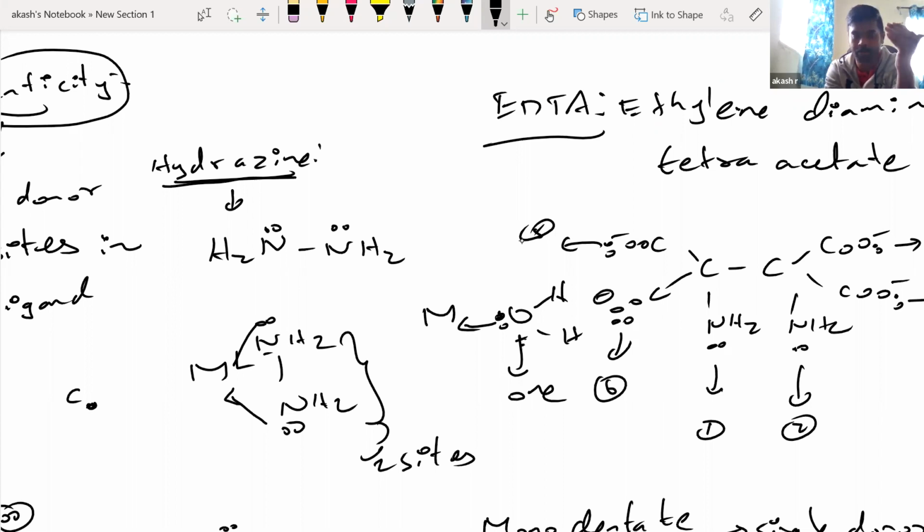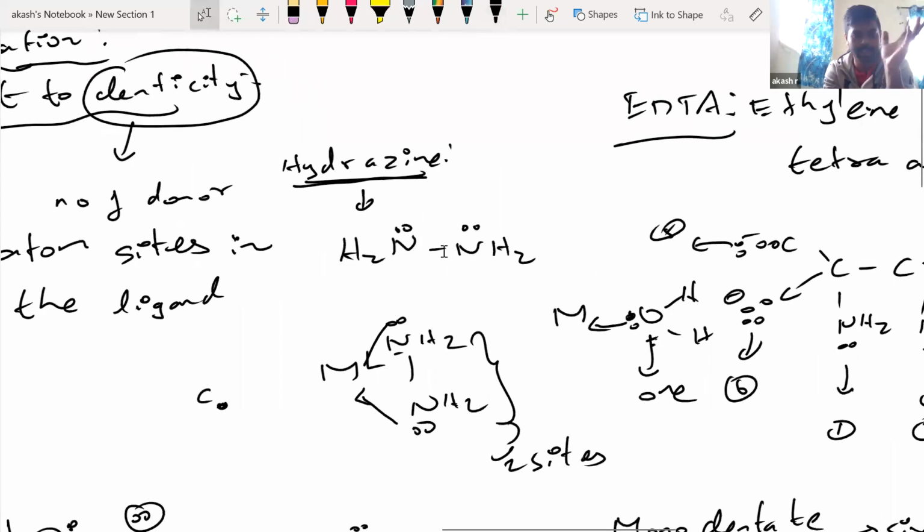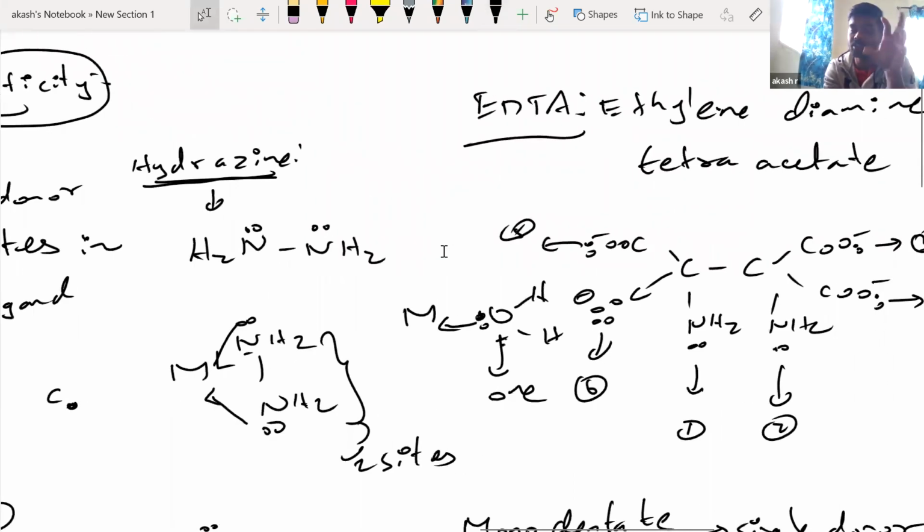Depending on the requirement, say out of the 6 donor sites only 2 are required, then the ligand will donate from only those 2 donor sites. Say out of 5 donor sites only 1 is required, then only 1 donor site will be taken into the picture. But when we classify, we state the maximum number of sites available for donation.